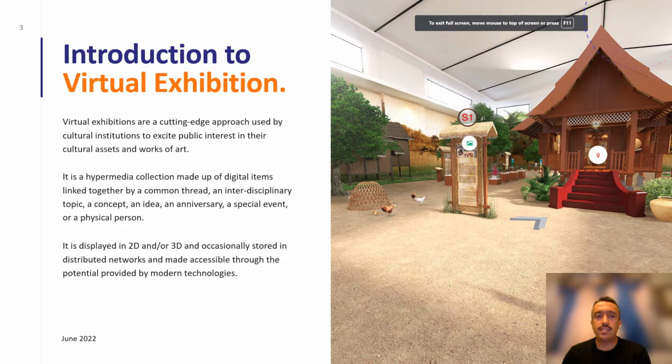It's displayed in 2D or 3D and occasionally stored in a distributed network, made accessible through the potential provided by modern technologies and accessible to the public through a website.